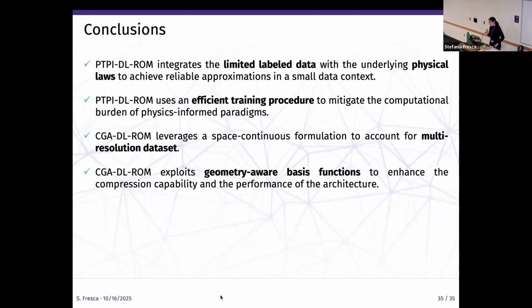Continuous geometry-aware DL-ROM leverages a space continuous formulation to account for multi-resolution datasets, thus enabling us to handle geometrically parameterized problems. It exploits geometry-aware basis functions to enhance the compression capability as well as the overall performance of the approach.